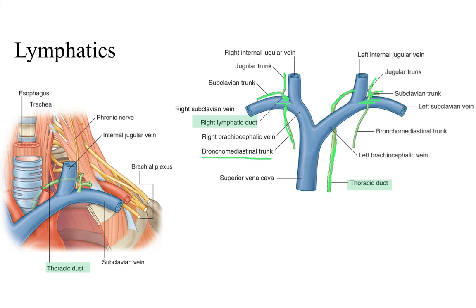And then you have another bronchiomediastinal trunk from the left side. All right. So finally, we see where all of this lymphatic fluid is emptying into, and important to note that it's at the subclavian vein near the junction where the brachiocephalic vein splits off into the internal jugular and the subclavian.